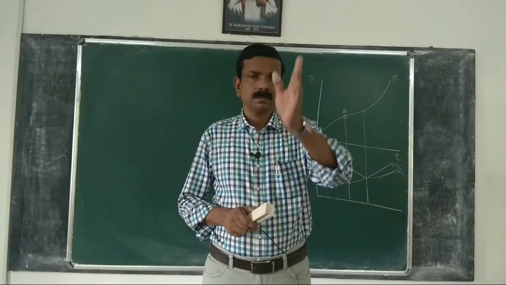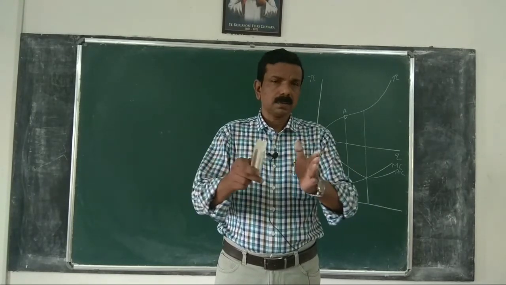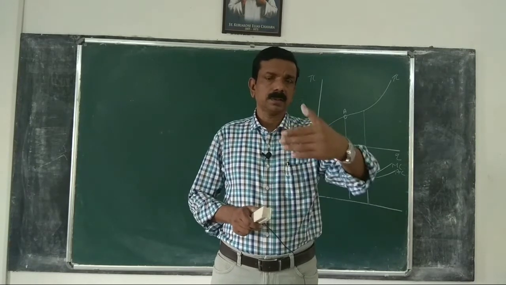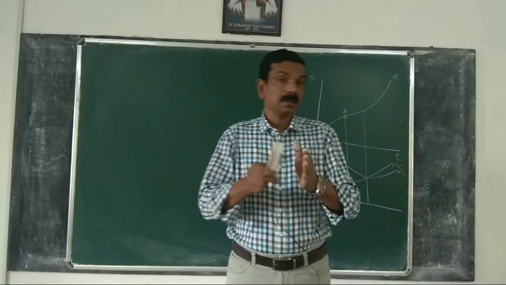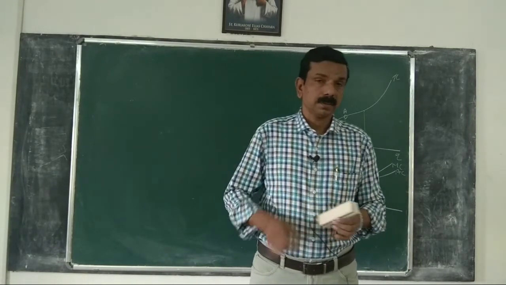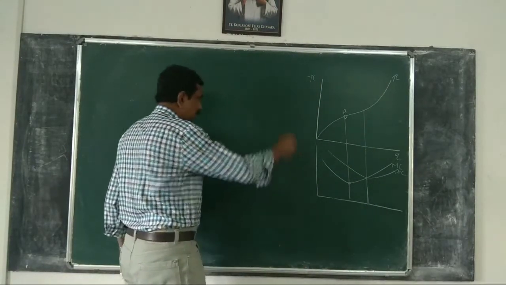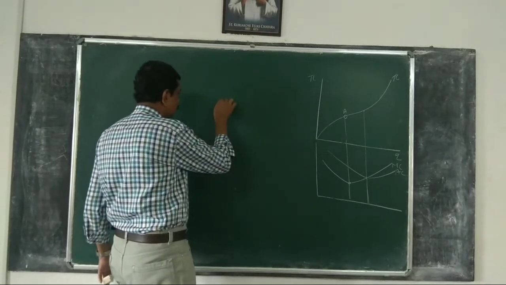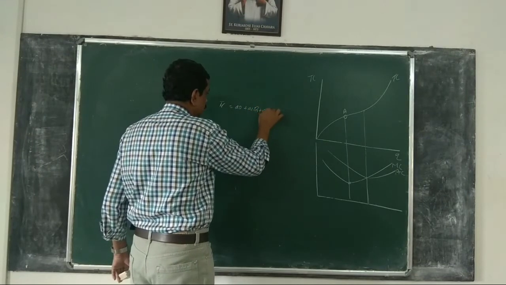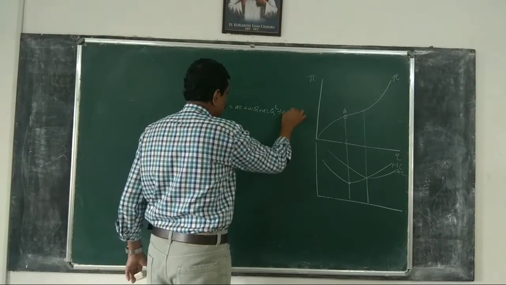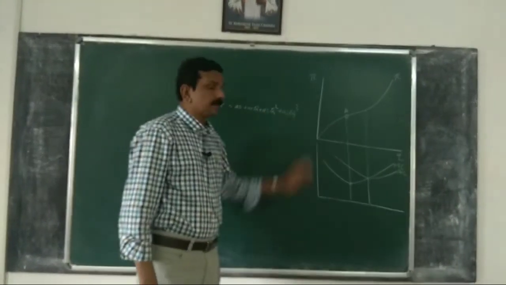This is basically an empirical question. If you have the cost and output relating to an industry or a firm, you have to estimate it. Then only you can establish the cost output relationship. And the equation of a standard total cost curve can be written as A0 plus A1Q plus A2Q square plus A3Q raised to 3, a cubic total cost function.